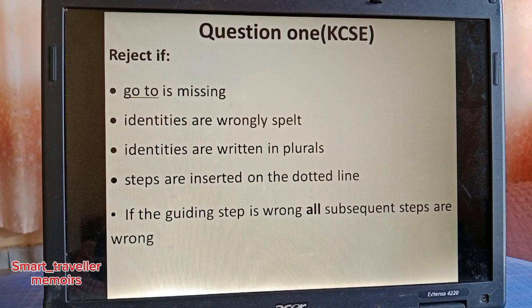Again, reject if identities are written in plurals, because they are not in plurals here. Steps are inserted on the dotted line. And finally, if the guiding step is wrong, all subsequent steps are wrong. That is the way you marked question 1.